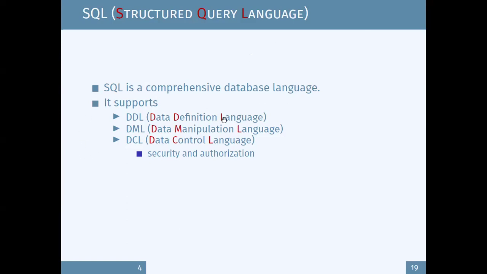The second is data manipulation, which means you can retrieve, update, and delete data. That part we have covered, but not this one: creating databases and creating users, giving them authorization, whether they are allowed to read and write. We covered the first two parts of SQL.